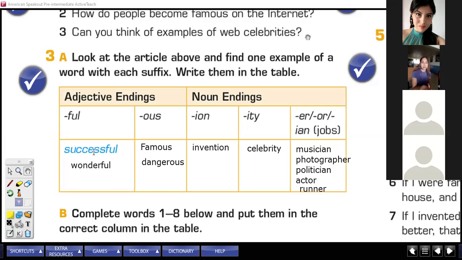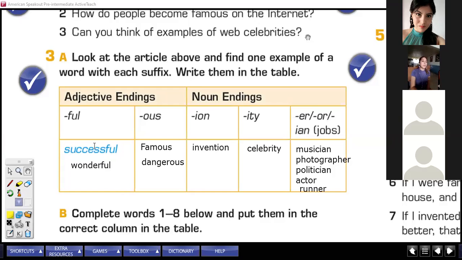It describes. The same with wonderful. If you see the ending ous, it also helps you describe: famous, dangerous, marvelous. You probably don't know the meaning, but you know it's an adjective.